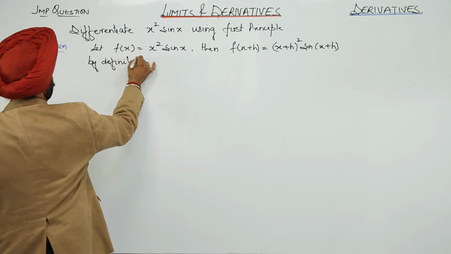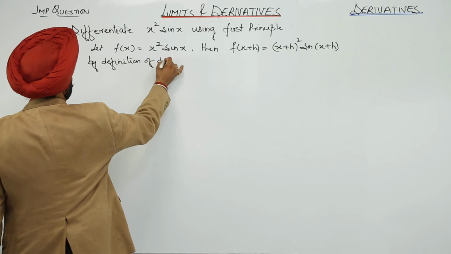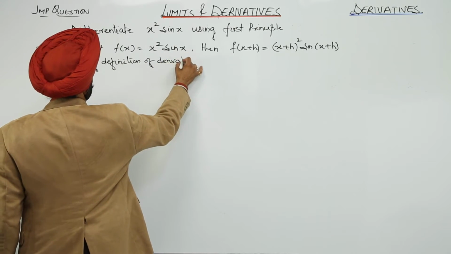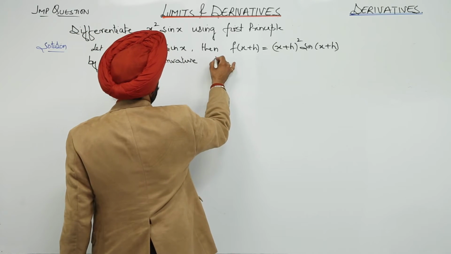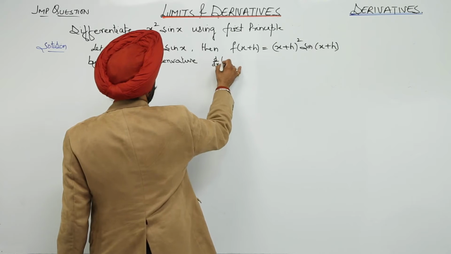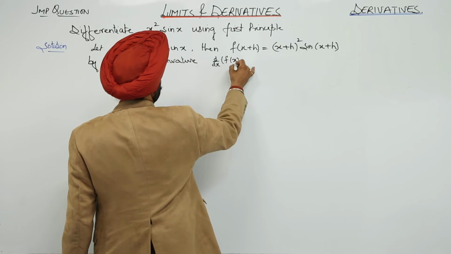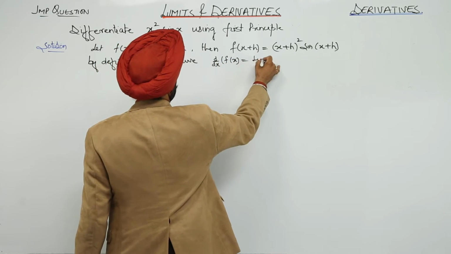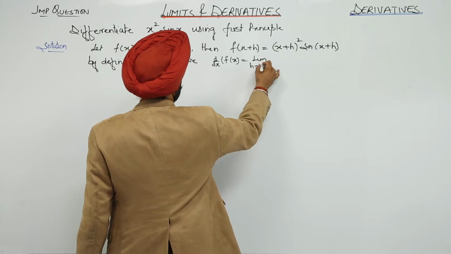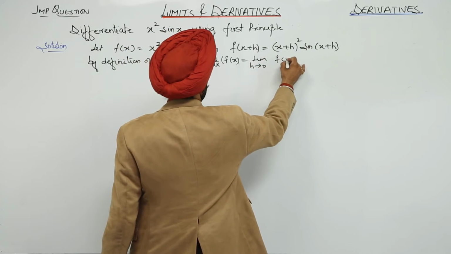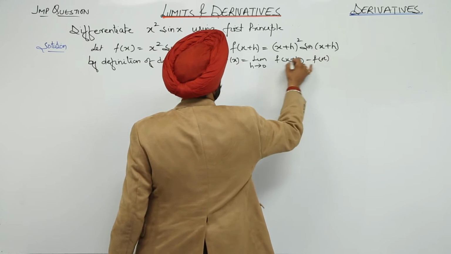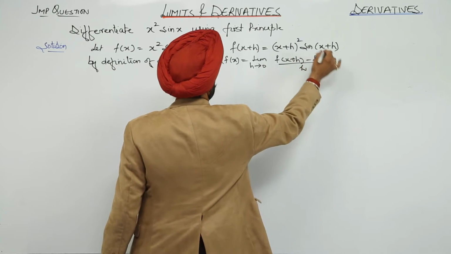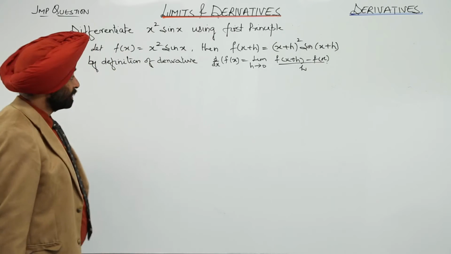By definition of derivative, d by dx of f(x) is equal to limit h approaches to 0 f(x plus h) minus f(x) upon h. Is it clear?